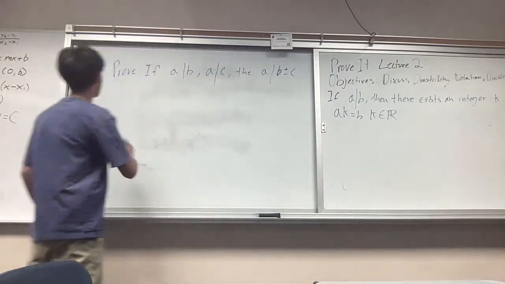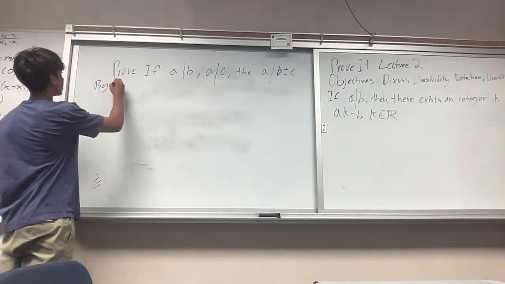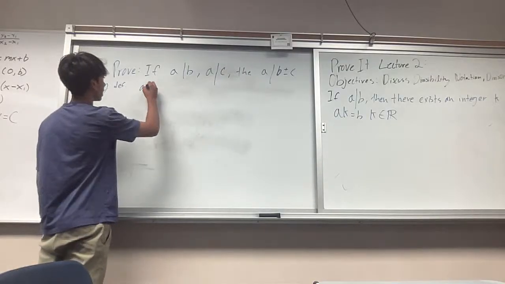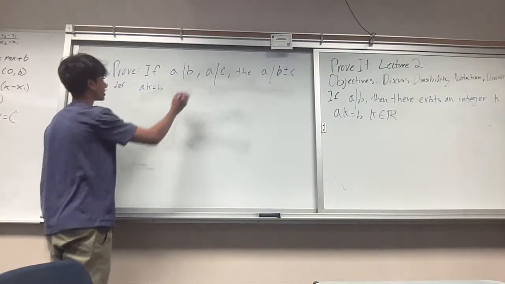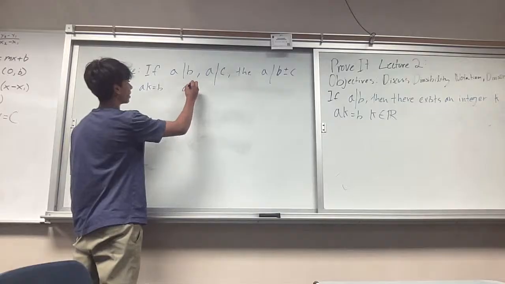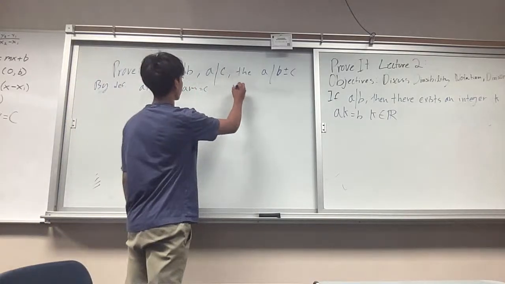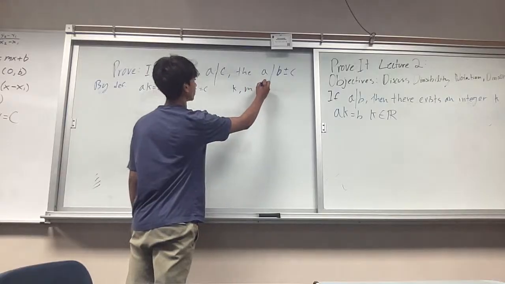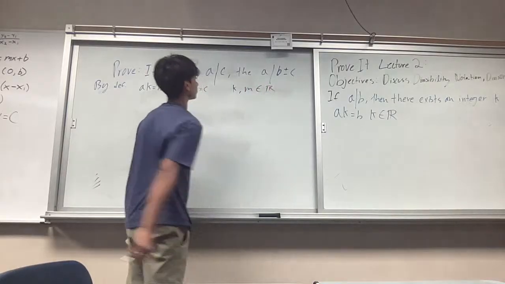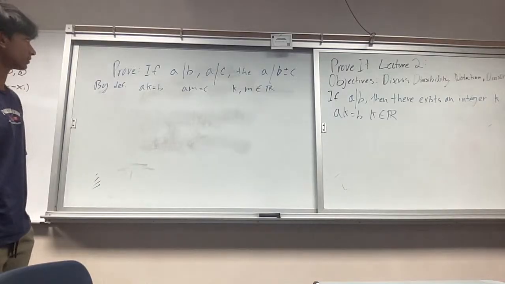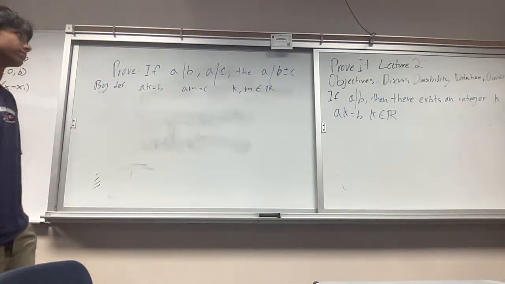So by definition, let's set an integer k, ak equals b, and for c do the same thing. Let's do am equals c. Let k and m be integers. From here, what can we do?